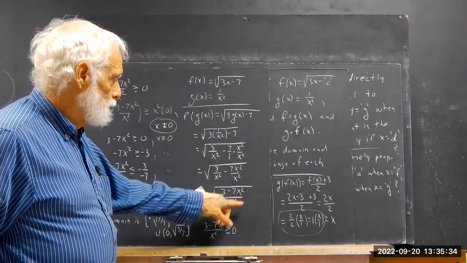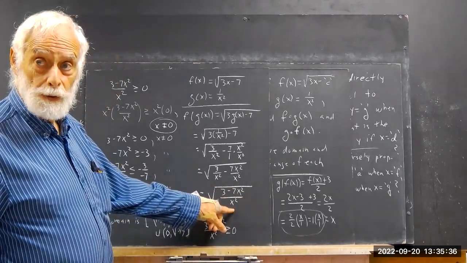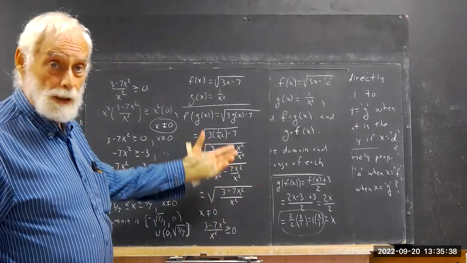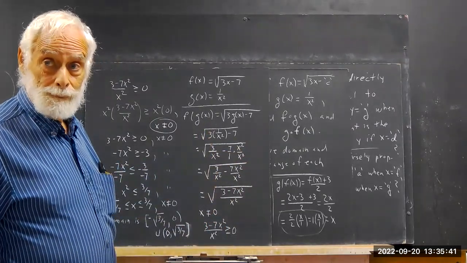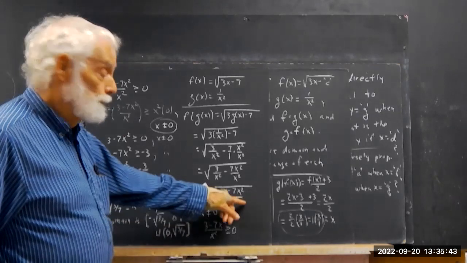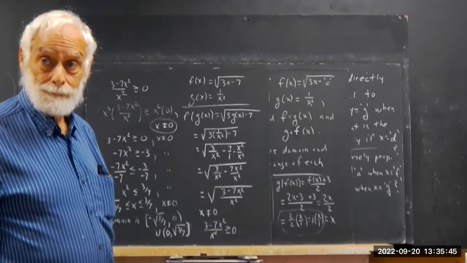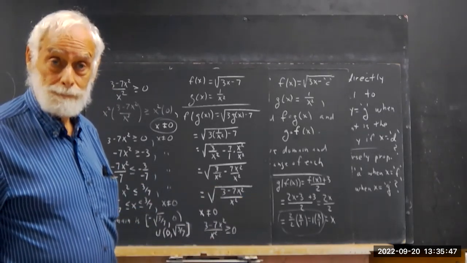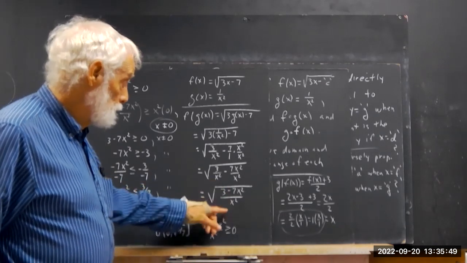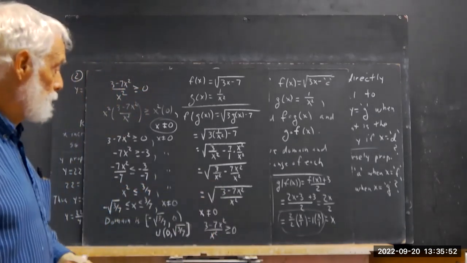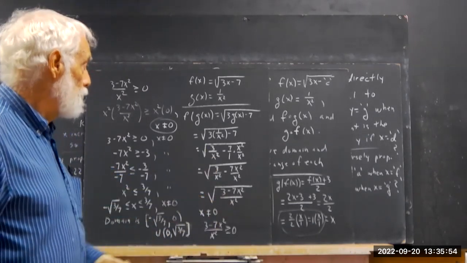But then you're dividing by numbers that are as close to 0 as you like. You get any positive one you like. So the range would be all numbers greater than or equal to 0. The numerator can be 0. The denominator can be as close to 0 as you like. And that gives you the range.